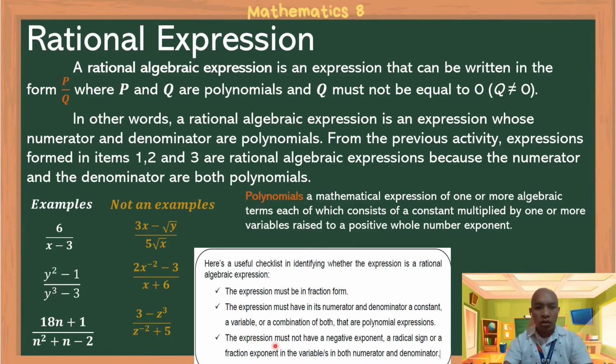Lastly, the expression must not have a negative exponent, like this one, must not have a radical sign, like this one, or a fraction exponent in the variables in both numerator and denominator. That is why these examples of expression are considered not rational algebraic expressions.